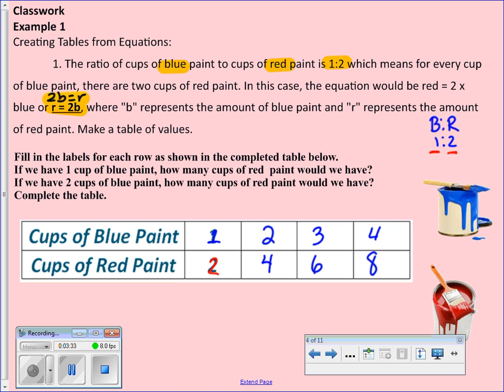I just realized it wasn't recording when we made the table. But we made our little key over here of blue to red. And so if the ratio was 1 to 2, we filled in the first column as 1 to 2. We use repeated addition to fill in the rest of the table. Okay?